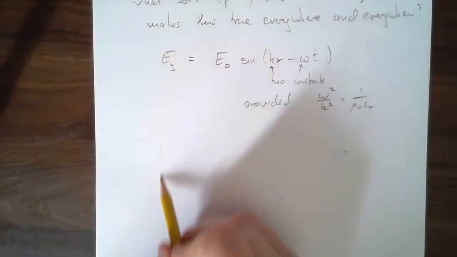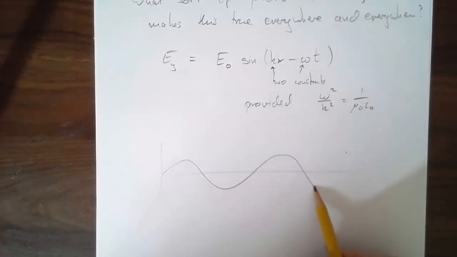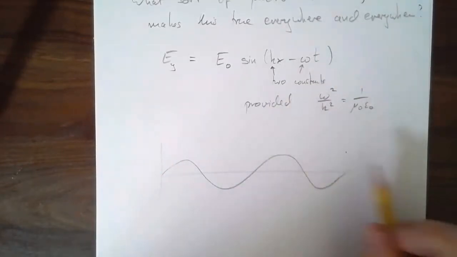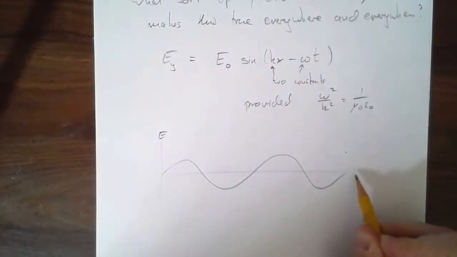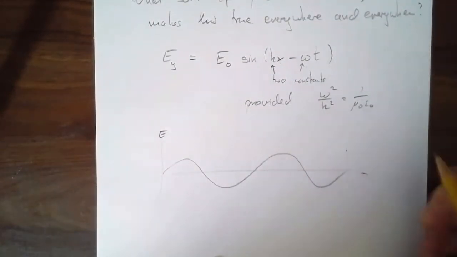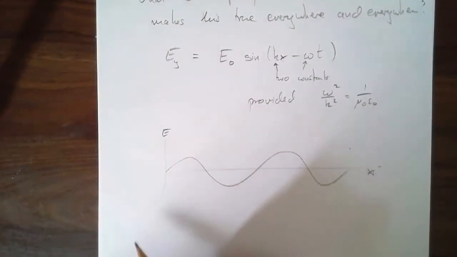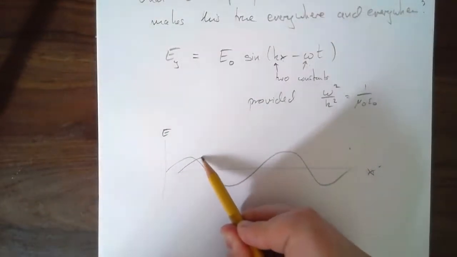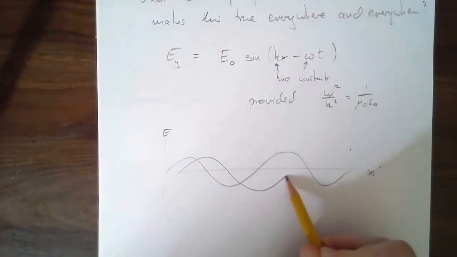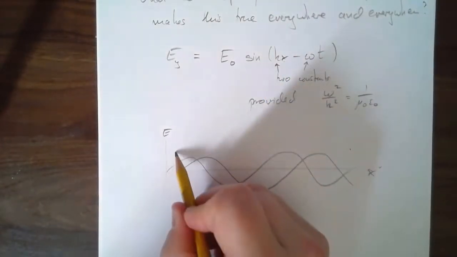So what this looks like is this. This is E as a function of space. At time equals 0, it looks like this. At time equals 1, it looks like this. I'm just drawing this function for different times.